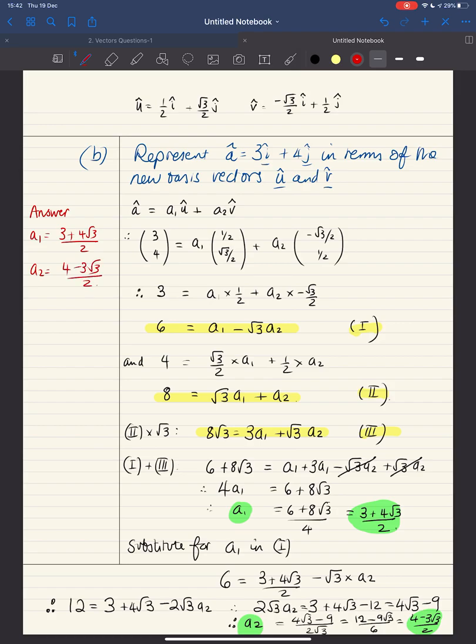And so a is going to be 3 plus 4 root 3 over 2 i plus 4 minus 3 root 3 over 2 j. Okay, so this is a simultaneous equations way. I've solved it using simultaneous equations. There is another way in the notes, in the answer sheet as well, which is online, so you can have a look at that as well.